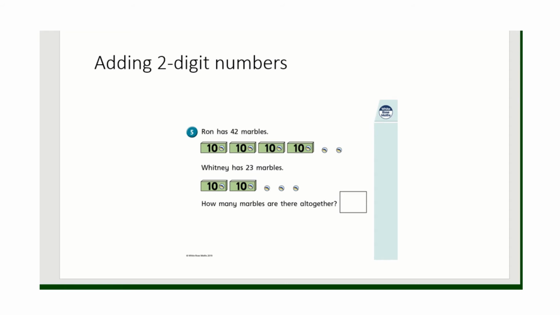So it would be 42 add 23. We can check it with the column method. But we know that 2 add 3 is 5. And we know that 40 add 20 is 60. So altogether it would be 65. That calculation is 42 add 23.